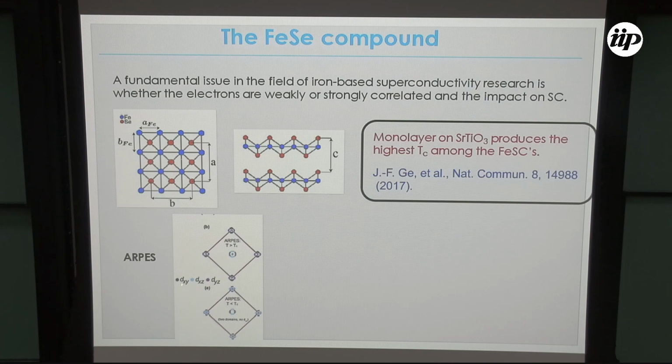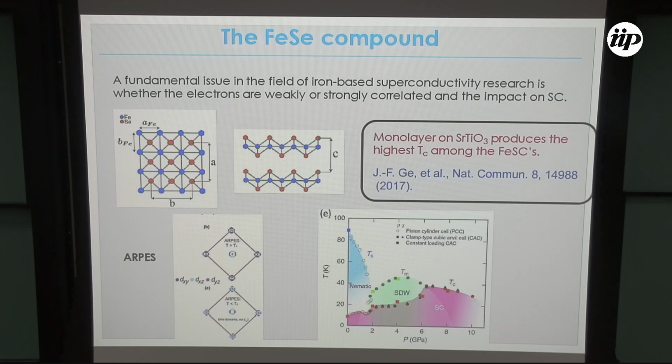So this is dxy, dxz, and dyz. It's of course a more complicated material, but it has some simple things that make this material simple also from a theorist's perspective to try to describe.